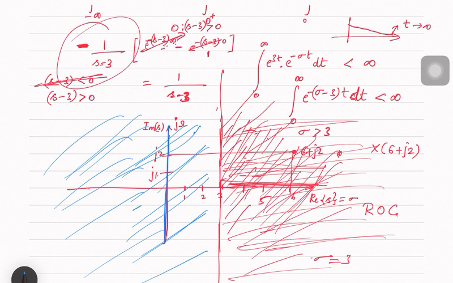Since in this case the j omega axis doesn't lie in the region of convergence, if you evaluate the Laplace transform on this line, it may go to infinity. Hence the Fourier transform for this signal e power 3t into u of t doesn't exist, whereas the Laplace transform exists. Fine, we'll stop here.